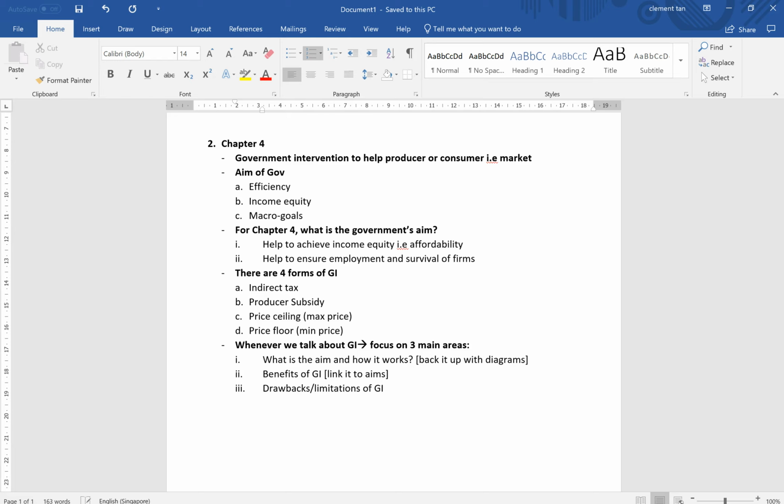So these are your NETCs, the extent of the effectiveness of the government intervention. So that's how we break up our lesson later, where for every form of government intervention, I will introduce you the aim. I will show you how it works, what's the benefit, and then we will talk about what's the limitation.